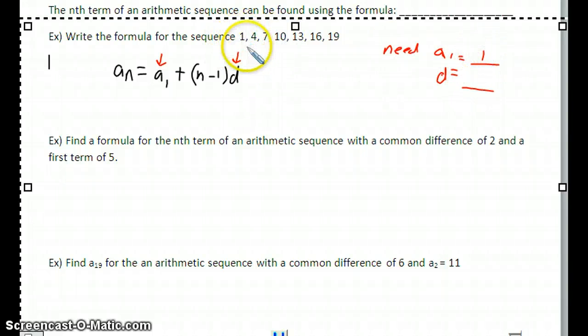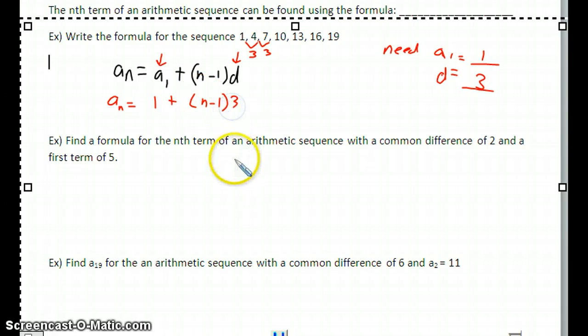The common difference is, what do I add to go from here to here? Well, I'm adding 3 each time, so the common difference is 3. So we'd say a sub n is equal to 1, the first term, plus n minus 1 times the common difference of 3. Well, let's manipulate this a little bit to reduce and combine like terms.